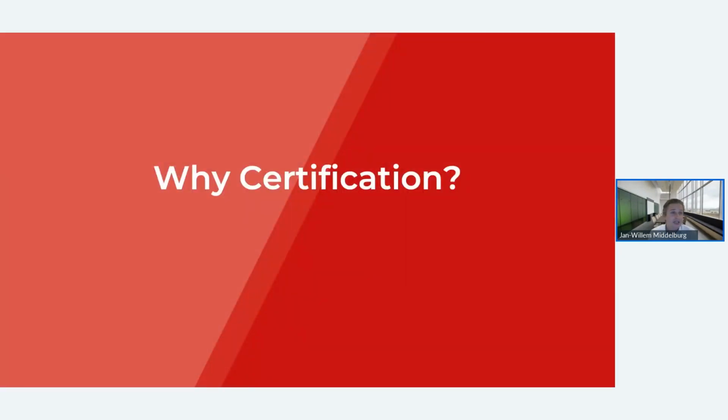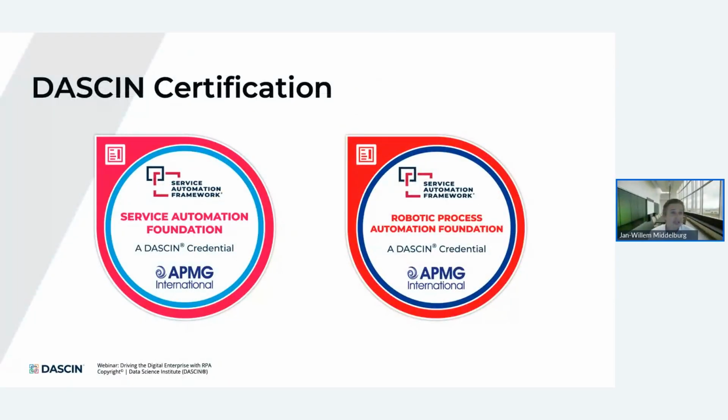Good. So then let me go towards the last part of today's session. Why then do certification and learn a little bit more about this? And with the Data Science Institute, we have today 2 certifications available. The original certification is the Service Automation Foundation course, which I've not talked about today.